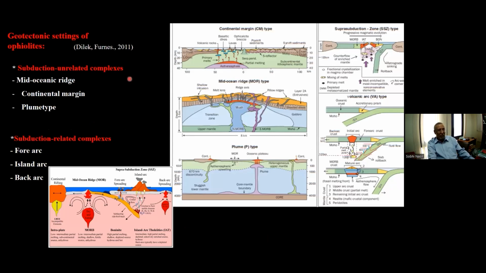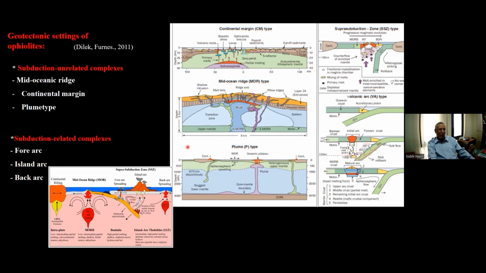So for the subduction-unrelated complexes, that's a mid-ocean ridge environment, actually, we have three types of subduction-unrelated ophiolites. So we have the continental margin type, CM type, we have the mid-ocean ridge type, MOR type, and we have the plume-related type, the P type. So these are subduction-unrelated ophiolite.